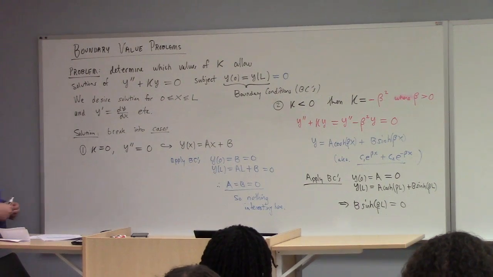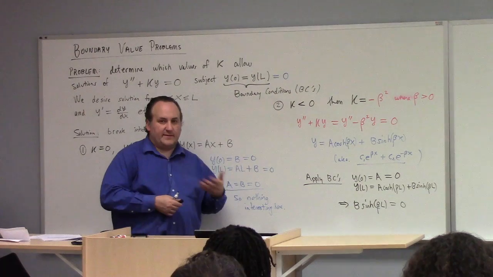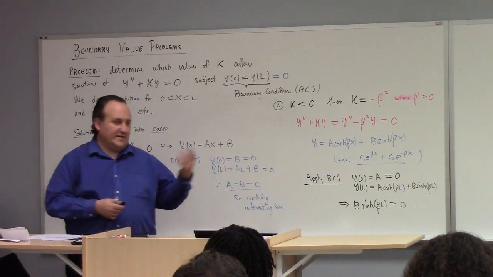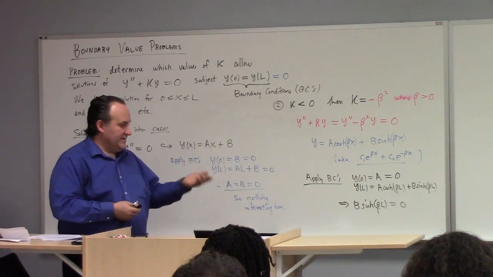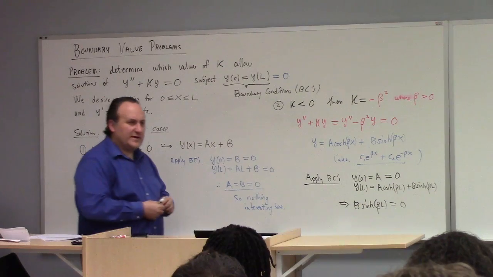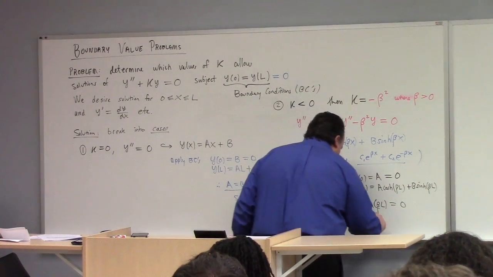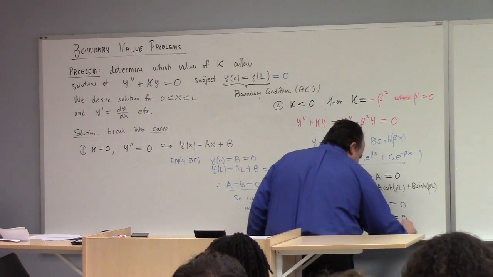So sinh always increases at a rate of 1 or higher. That means that sinh can't double back on itself. The inverse hyperbolic sine is defined. We can take the inverse hyperbolic sine of that equation, and this only allows b equal to 0 as a solution. This implies b is equal to 0 because sinh of beta L is non-zero.